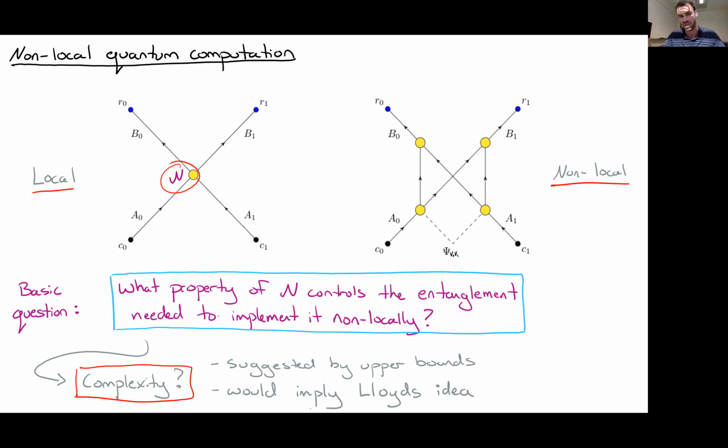The area controls how much entanglement is available on the boundary to do computations in that region. If an upper bound on entanglement puts an upper bound on complexity, then it bounds the complexity of what can happen inside the region. So there are these two very different lines of reasoning that are both converging on this idea that complexity should control entanglement. And so that's what we'll try and explore.